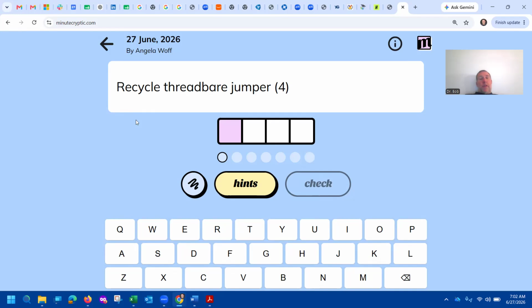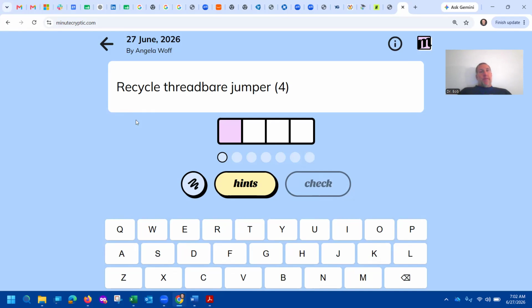This could be a definition thing. I don't know if threadbare has a meaning in other English speaking countries that I am just missing. I really don't see how this is obvious. I would have thought I would have come up with the obvious things by now.